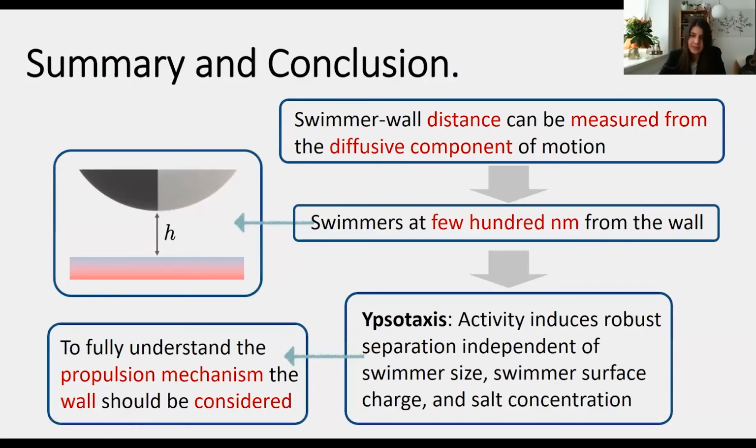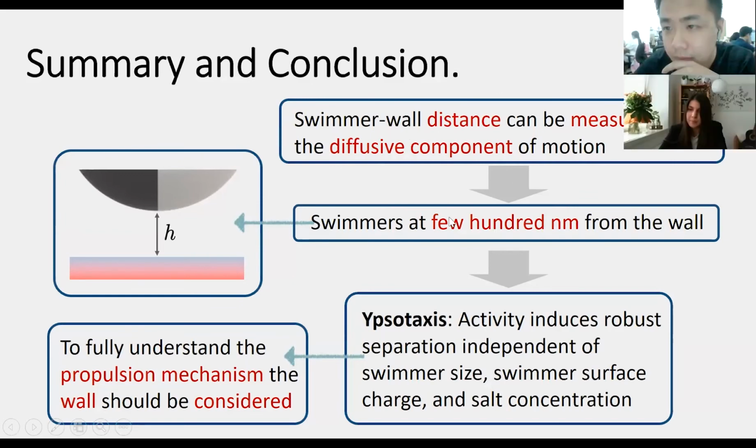So to summarize what I've told you, we find that the distance between a particle and a wall can be measured from the diffusive component of the motion. And we also find that the catalytic particles that we use in our experiment move at a few hundred nanometers from the wall, and that this height is actually quite robust.